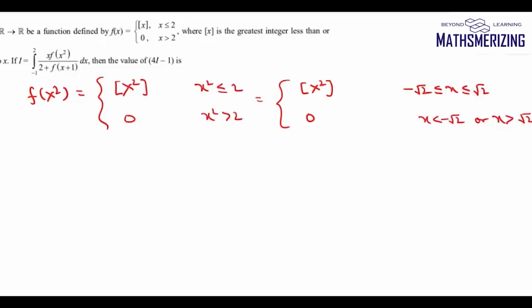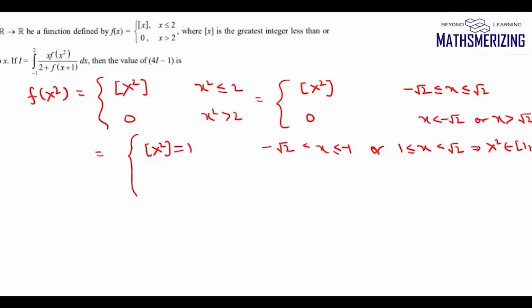Now I can further write it as: when x lies between minus root 2 and minus 1, or when it lies between 1 and root 2, the value of x² will lie between 1 and 2. Its greatest integer function will be simply 1.